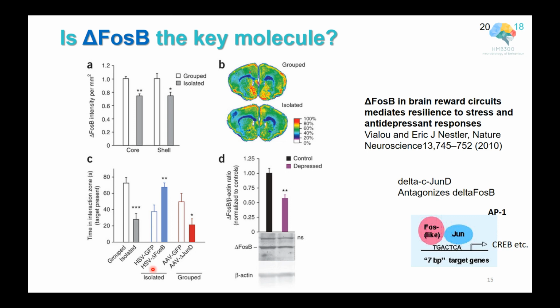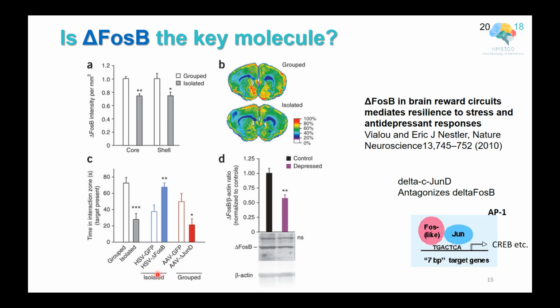So one of the things we can do is, you know what? Delta FOSB is a really important molecule. It's an important molecule that I tried to demonstrate in panel B is going down in the nucleus accumbens, in fact across the entire nucleus accumbens, in the shell and in the core. I hope I've convinced you of that, and if I haven't, Eric Nestler probably has. But more importantly, if it's going down and antidepressants make it go up, what if I artificially introduce delta FOSB to depressed mice, mice that have been isolated?